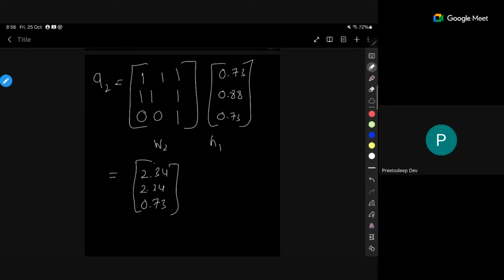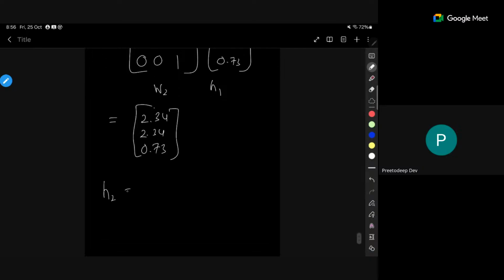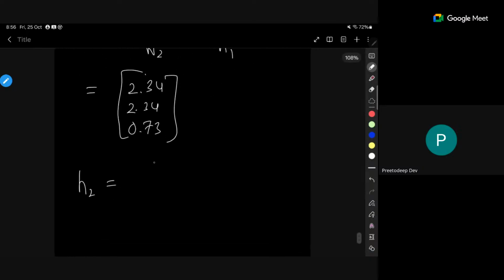So this is what I'll get as A2. Then I need to figure out what is H2. Correct? So what I'll do is 1 by 1 plus e power minus 2.34.